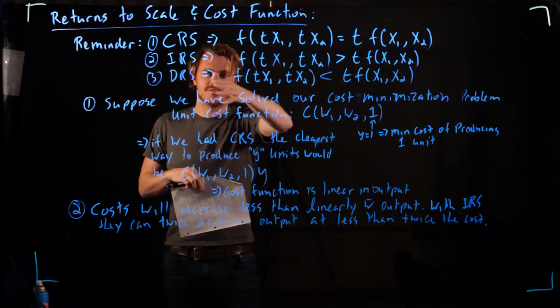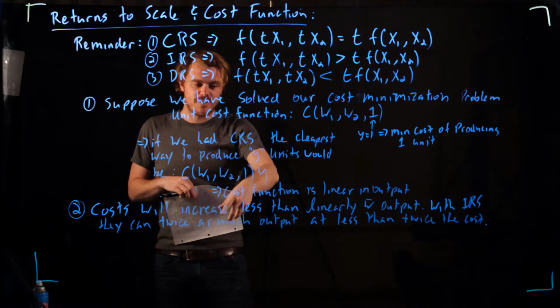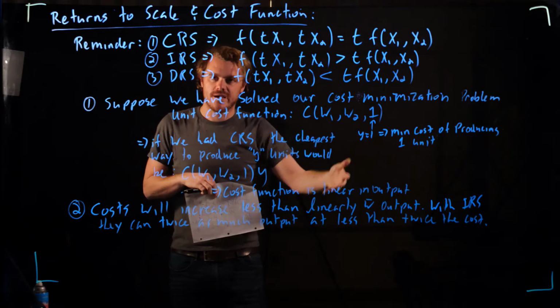And then you can see it's going to be the opposite with decreasing returns to scale. The costs are going to increase by more than linearly with output.